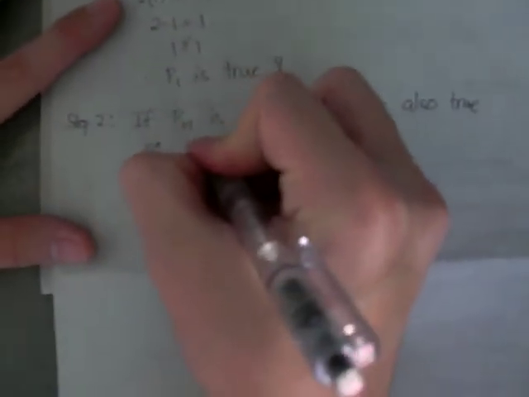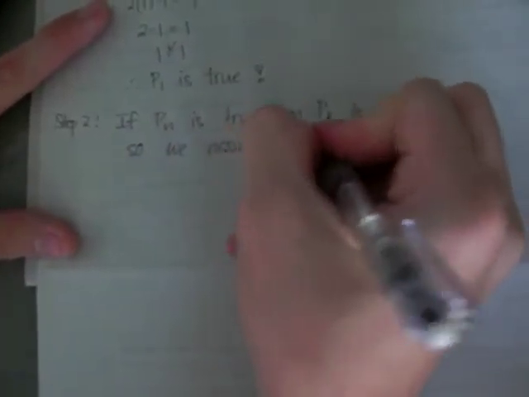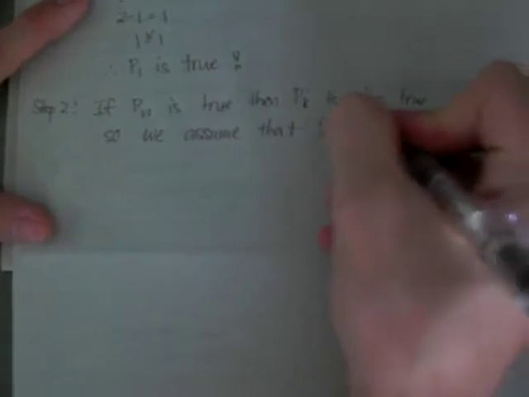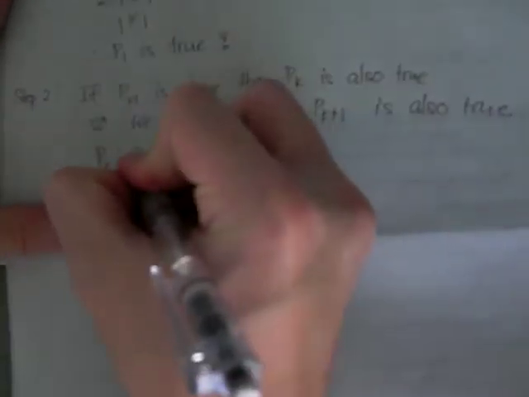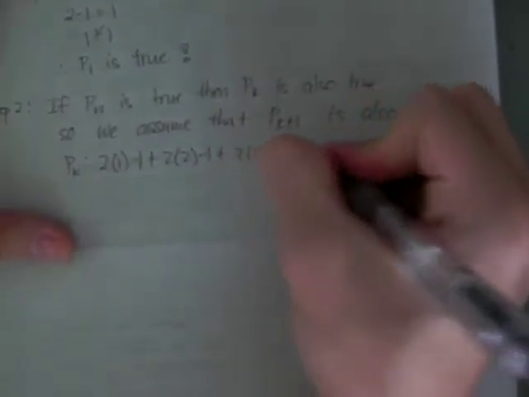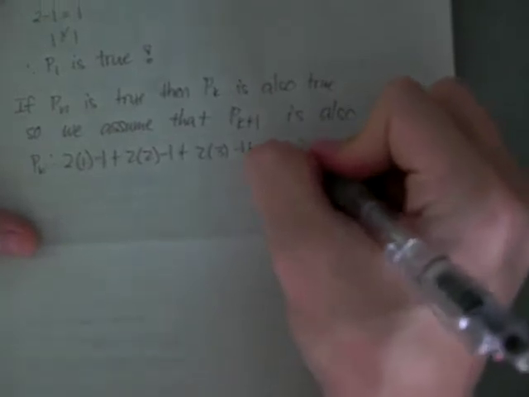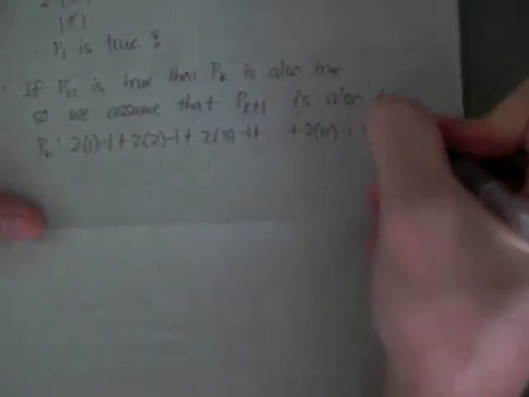So we assume that Pk plus 1 is also true. So Pk is simply 2 times 1 minus 1, plus 2 times 2 minus 1, plus 2 times 3 minus 1, plus on and on until you reach 2k minus 1, equals k squared.